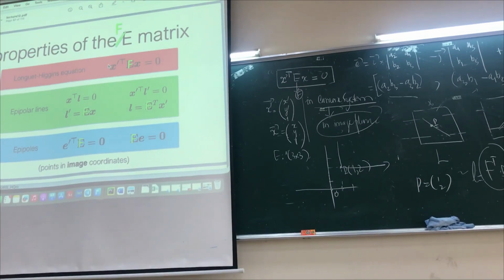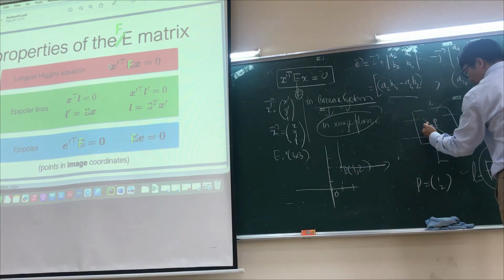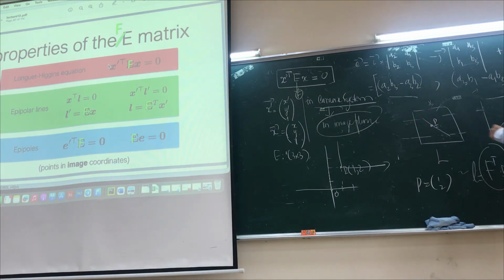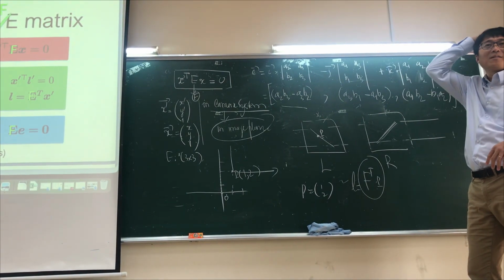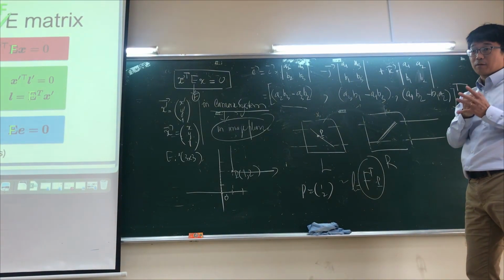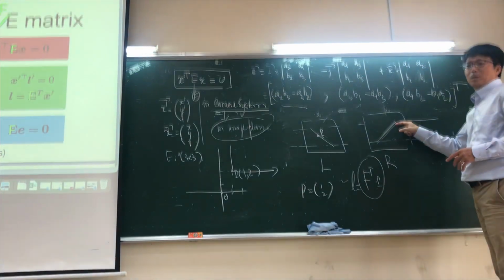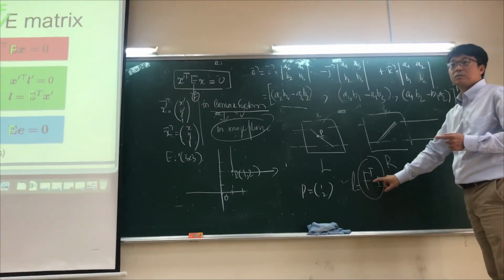Because one point on this line corresponds only to the other line, the line in the other camera. For example, here are two epipolar lines, corresponding. To find correspondences, for each point on this line you search for the corresponding point. But searching the whole image is very slow, and also error-prone. So we search on the one line only. But which line? It is given by the epipolar line equation.